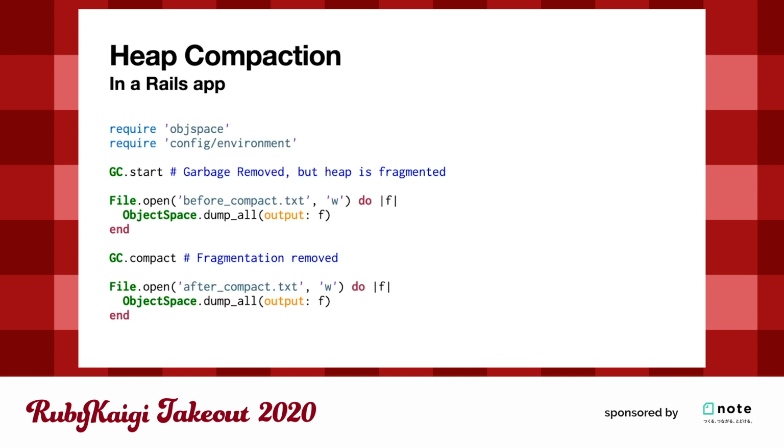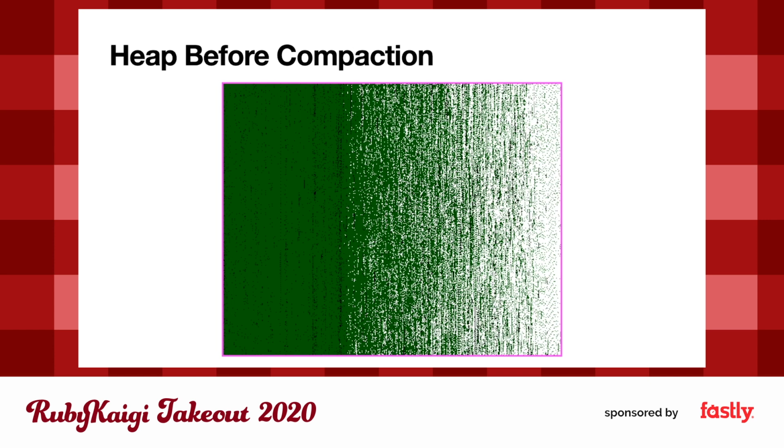This program demonstrates the effectiveness of compaction. It loads a Rails application, then runs the GC to remove garbage, then compacts the heap to remove space. If we make a graph of the heap, the graph will look something like this. This graph is what the layout looks like before the compactor runs.